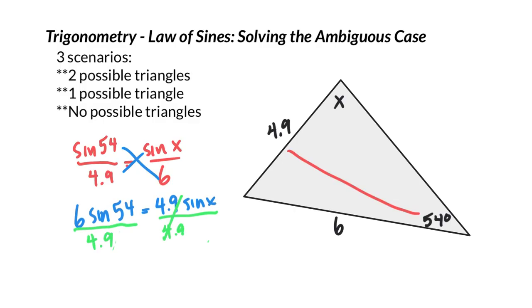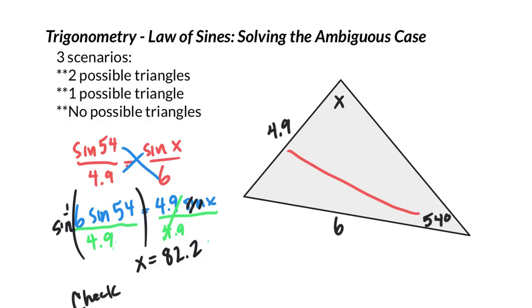Take the inverse sine of both sides. I'm just going to type that in on my own quick. And I get that the angle is 82.2. But let's check the other.